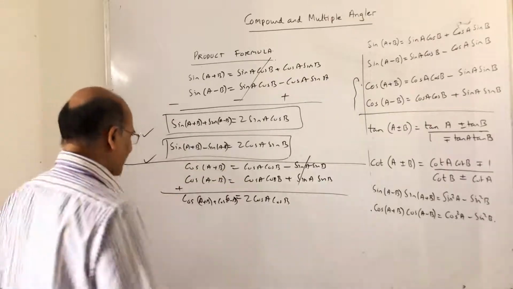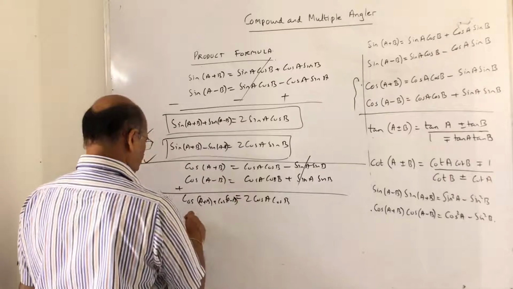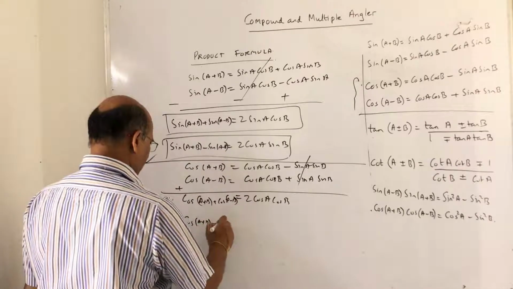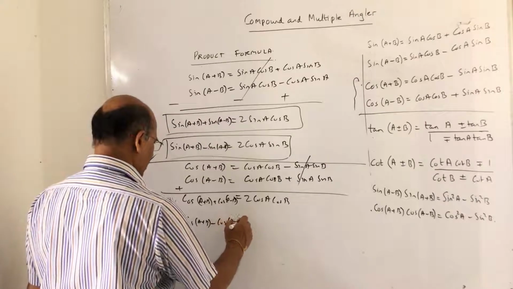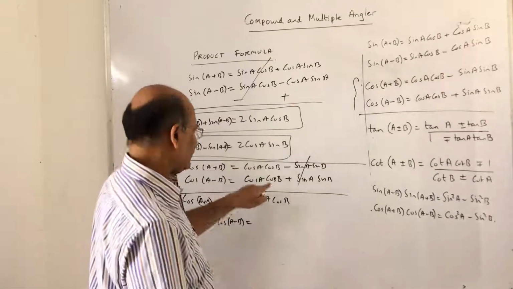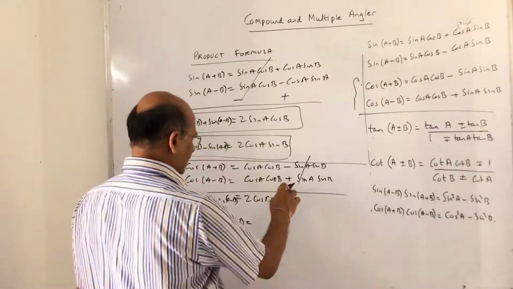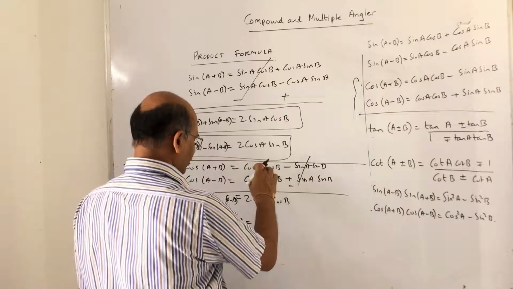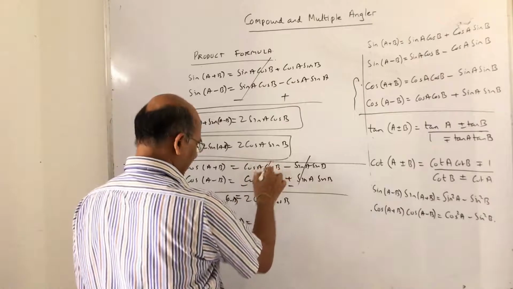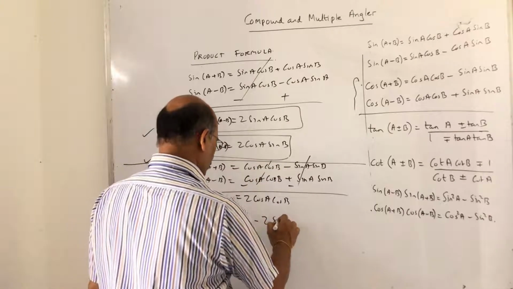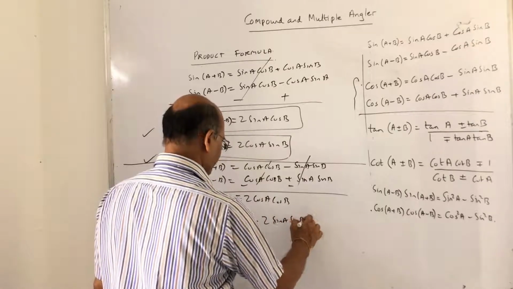Similarly, if you subtract, cos A plus B minus cos A minus B is equal to, see, if I subtract this will become minus. This will get cancelled, and this will become minus 2 sin A sin B.